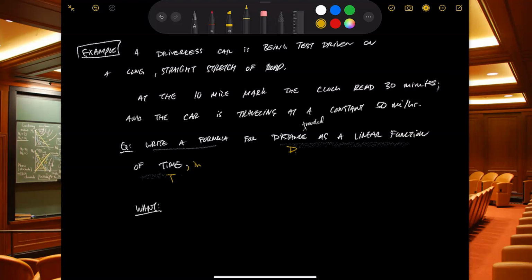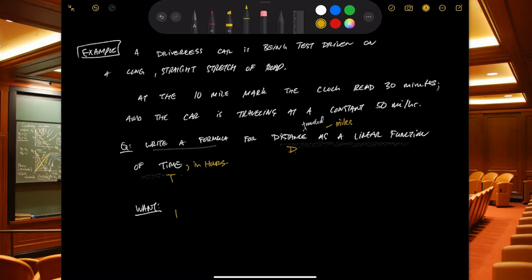We're going to say this is in hours, by the way, and distance traveled in miles. If it's not given to you, you would need to claim what the units are. So distance in miles is a linear function of time.